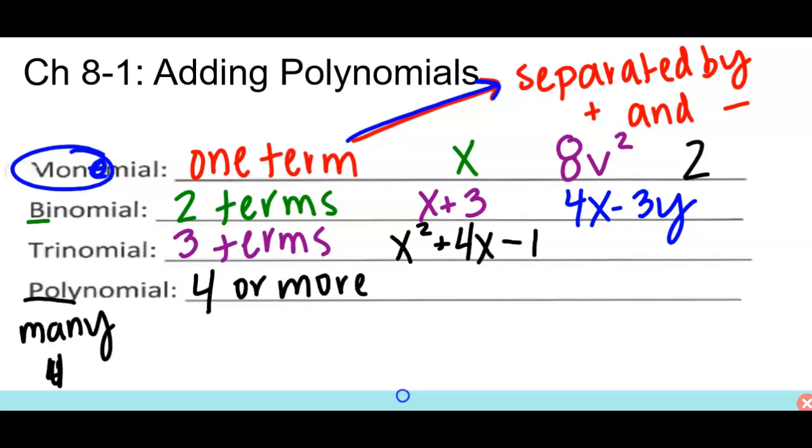So, a variable, a constant, or a combination. Notice these are multiplied together. The 8b squared, that is a monomial because it's combined together by multiplication. If it's added or subtracted, that's what separates things out to make it a binomial, trinomial, or polynomial. Okay? So that's the super, super important part.